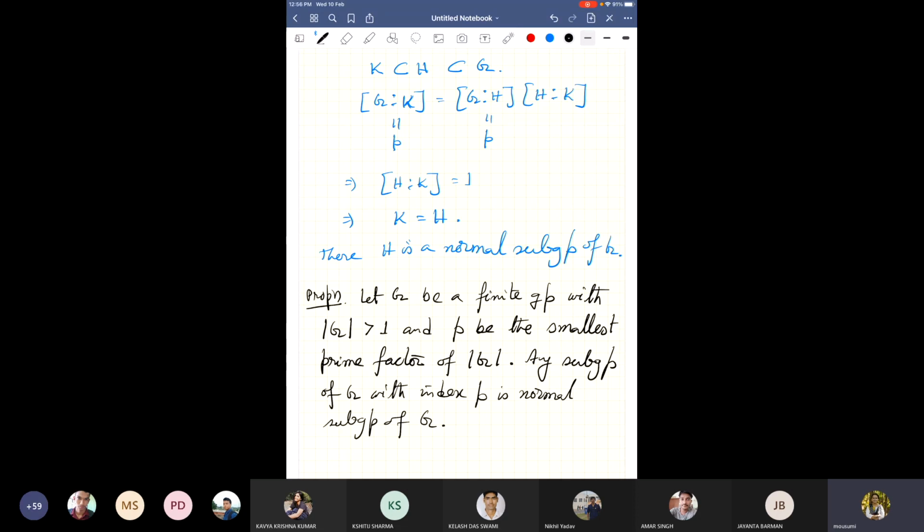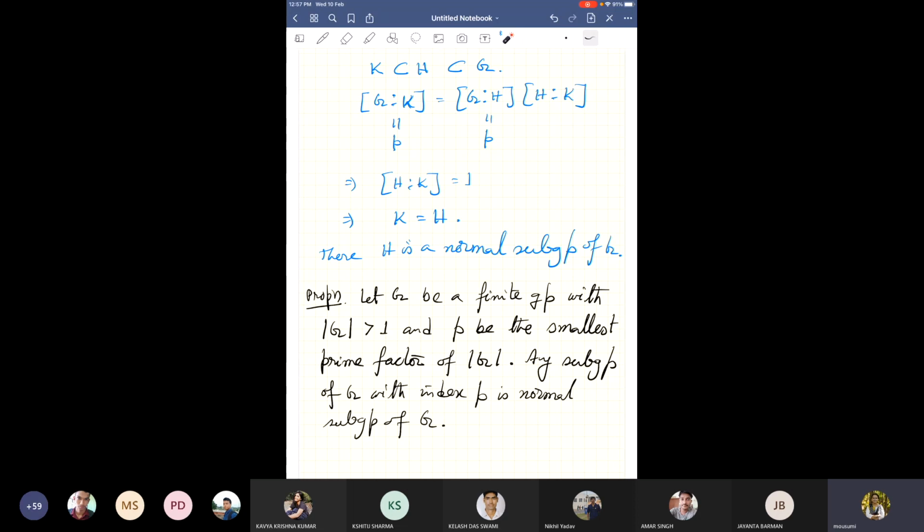If you compare this result with the previous one, here we don't have the restriction that G is a P group. I have just started with a finite group, okay? But here I have a restriction on P: I am calling P the smallest prime factor of order of G. If this is the case, then the index P subgroup will be a normal subgroup.